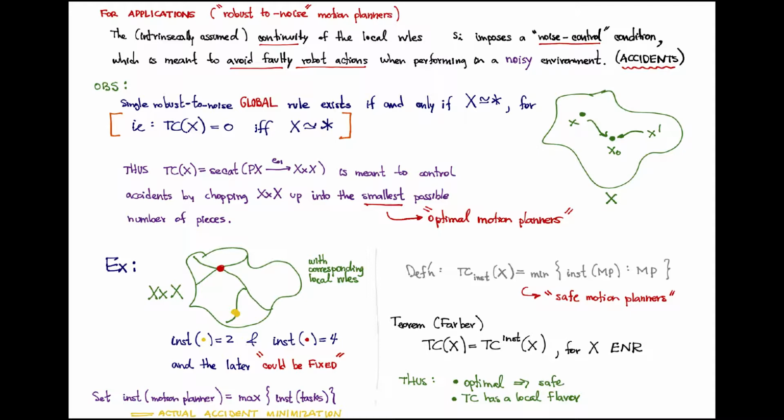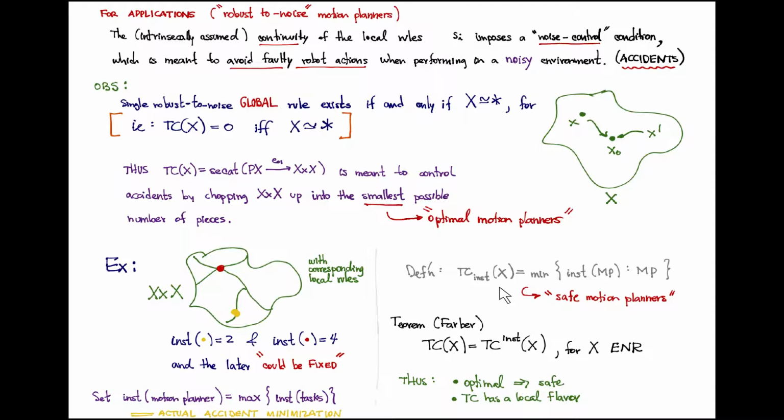So you would like to define the instability of the motion planner to be the maximum of the instabilities of each of the tasks: how dangerous it might be to solve the motion planning with this motion planner. So this is a measure for minimizing the possibility of accidents.